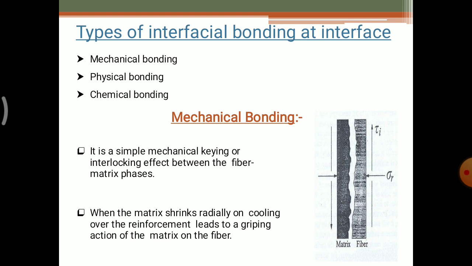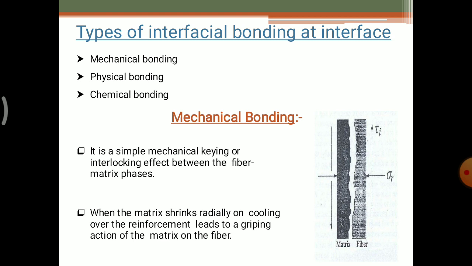In the mechanical bonding, it is a simple mechanical keying or interlocking effect between the fiber and matrix phases. Fiber is the reinforcement and matrix is the phase here. When the matrix shrinks radially on cooling over the reinforcement, it leads to a gripping action of the matrix on the fiber.